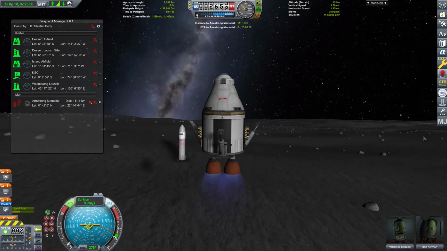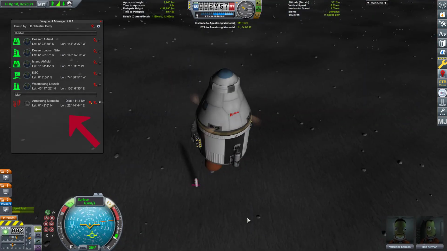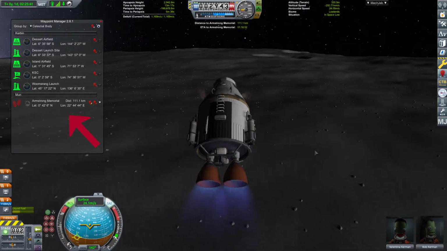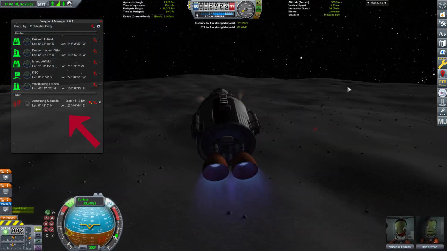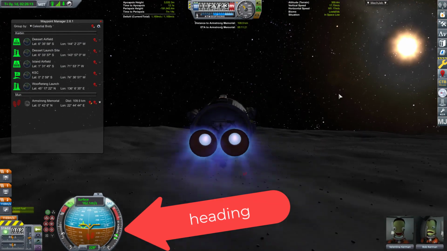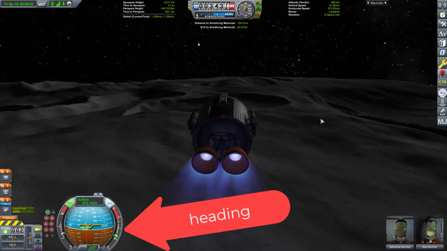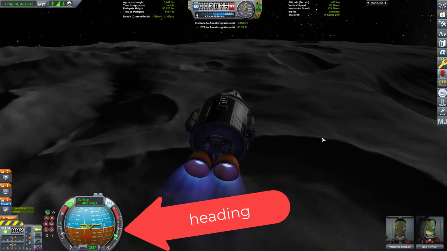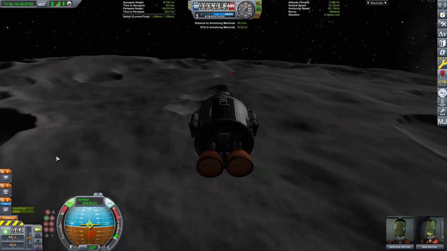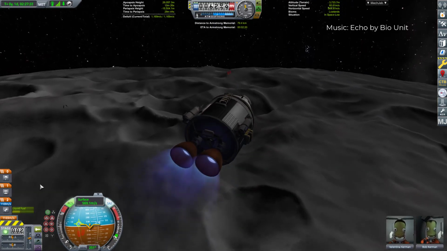Okay, so here we go. You can see that I have Waypoint Manager over here on the left showing the destination that I'm trying to get to, the Armstrong Memorial, and its latitude and longitude. Remember, my desired Rhumb line heading is about 227 degrees, and the little yellow circle is the direction that I'm actually traveling, and that little orange V is the direction that I'm pointing.